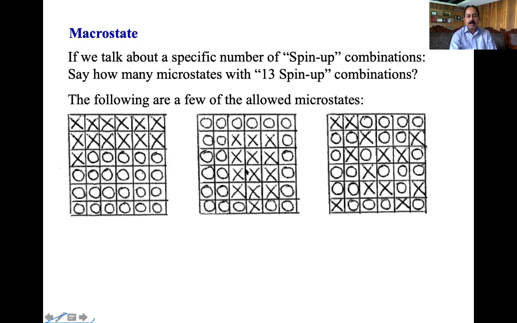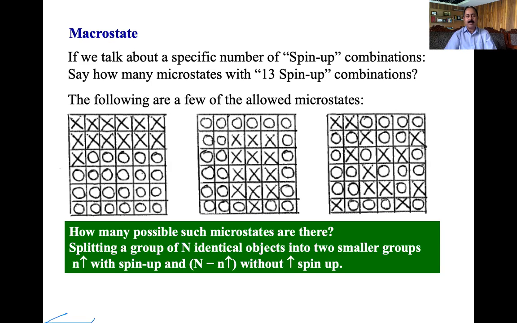Here you can see 13, but a different configuration. This is another microstate. Here you see 13 spin up, but a different arrangement. So this is another microstate. So how many such microstates can we prepare? How many possible such microstates are there?